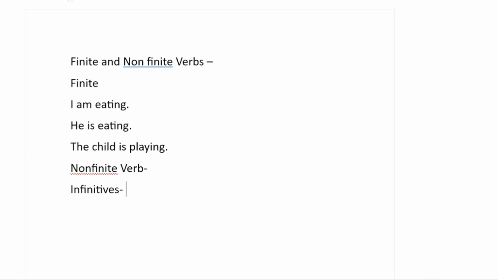Infinitives are a combination of to plus verb in the first form, of plus verb and ing, or for and ing. Let's see what it is. Now infinitives act like nouns.